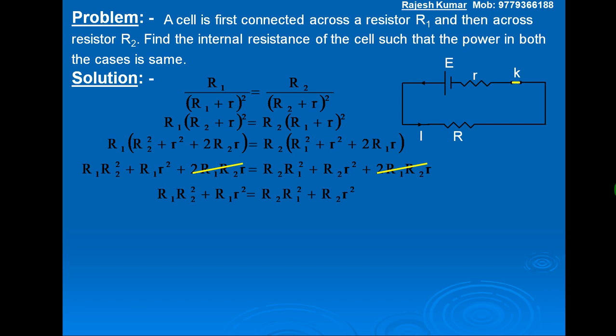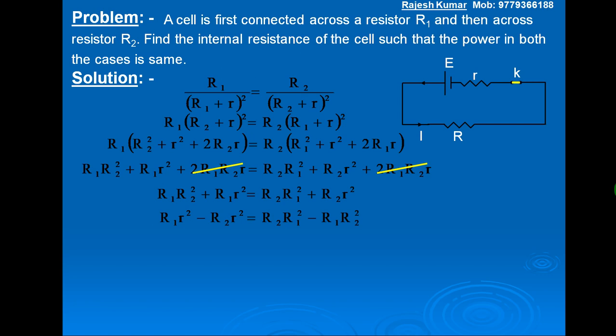Now by rearranging, we get R1 r square minus R2 r square is equal to R2 R1 square minus R1 R2 square.